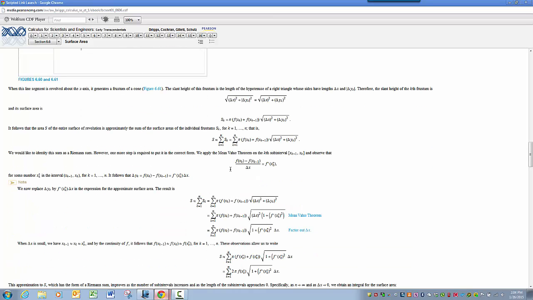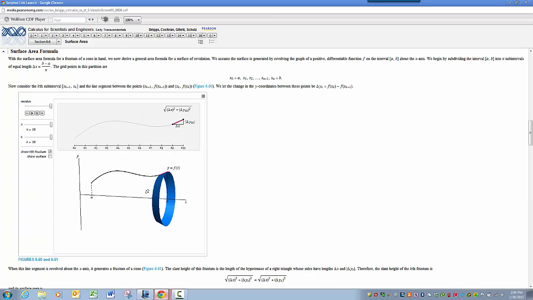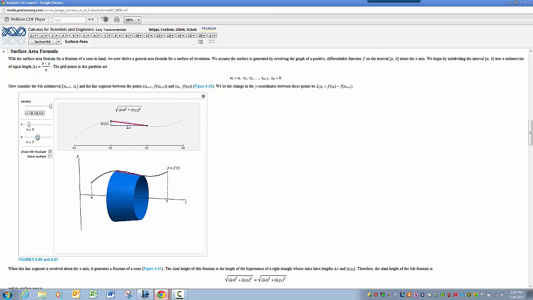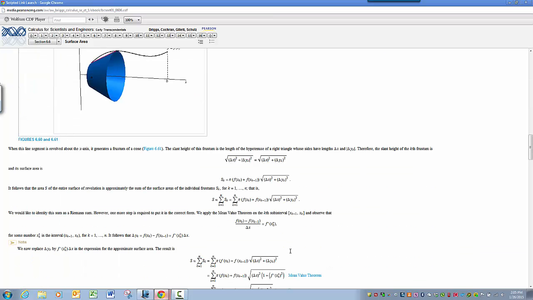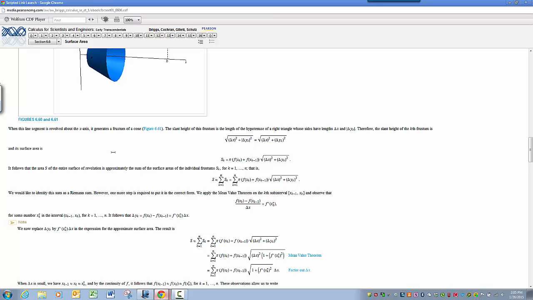Now, the mean value theorem tells us that at some point on the interval, if I go back here a little bit, at some point on this interval there exists some guy, maybe right here, such that if you go up to here, it has the same slope as this guy does, right? So again, we're going to apply that same trick as we did last time.